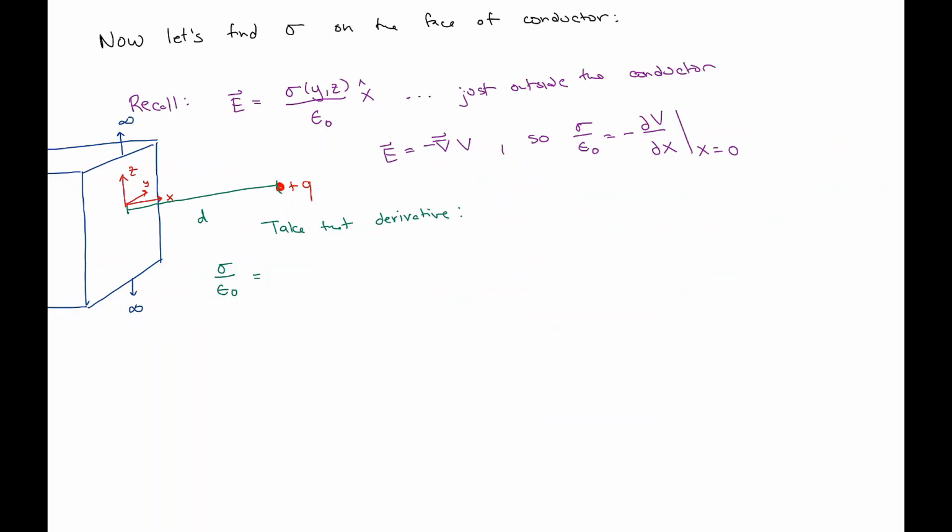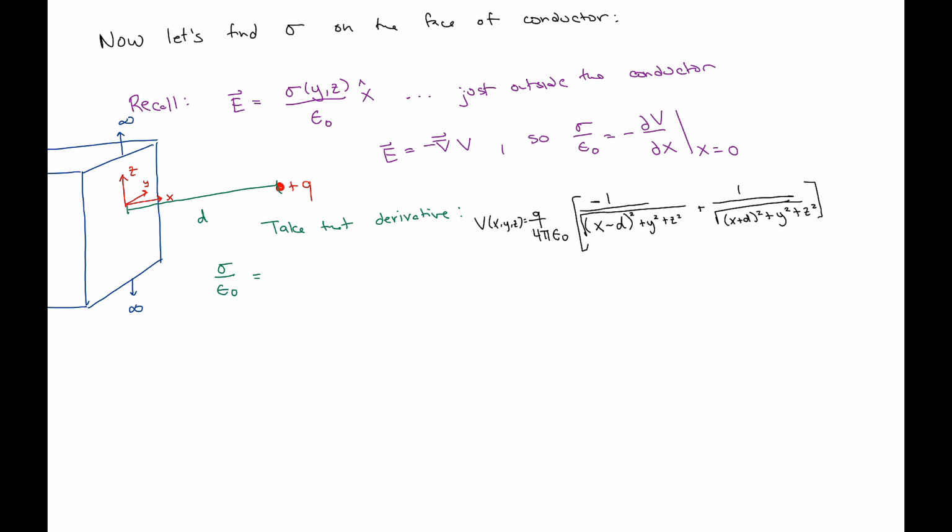This is what we're going to take the derivative of, and this is x, y, z. But I'm only going to take the partial derivative with respect to x.